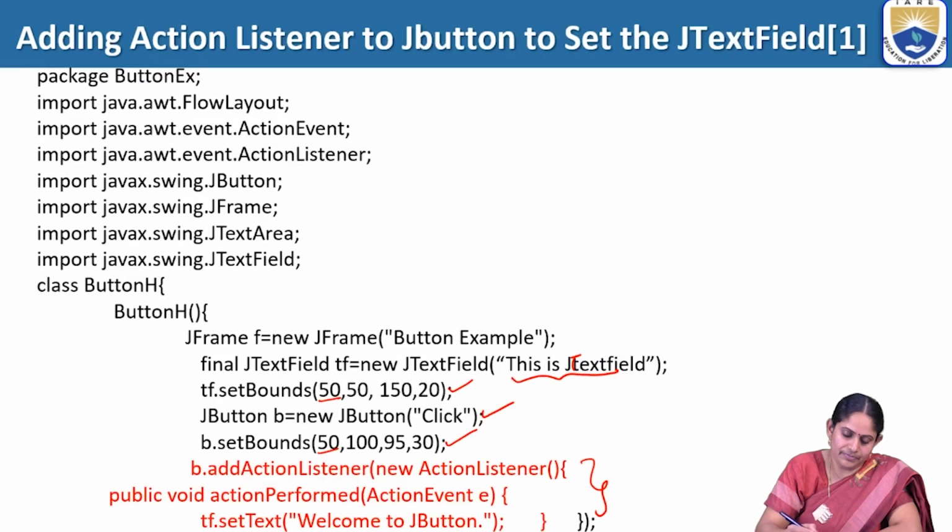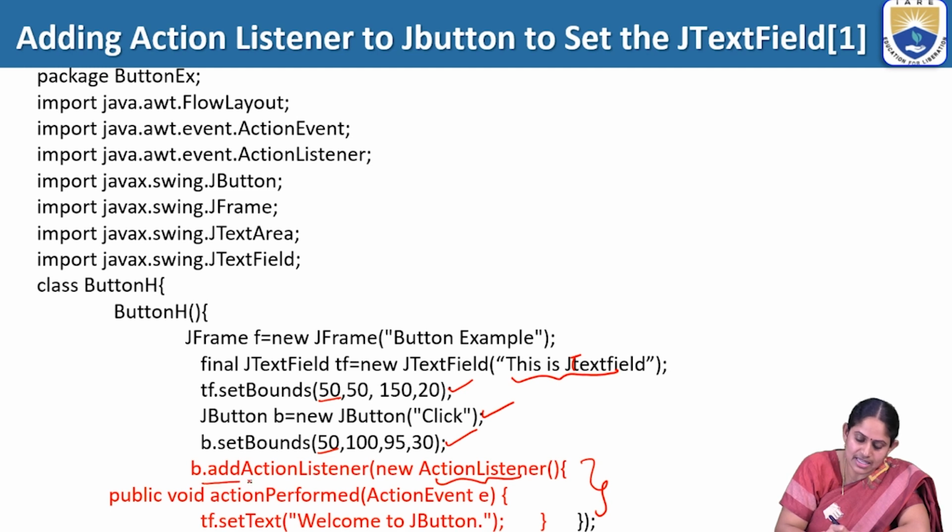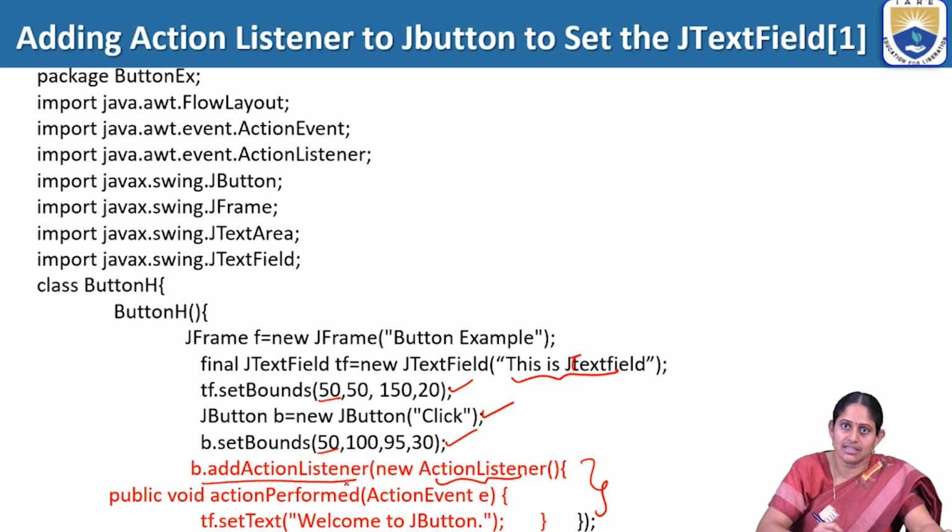Now we are registering the button with an event listener. Here it is registering with the ActionListener interface, and we are making use of an anonymous class. To register the button to that listener, we are making use of the method addActionListener. To that method, we are giving some work to be done.